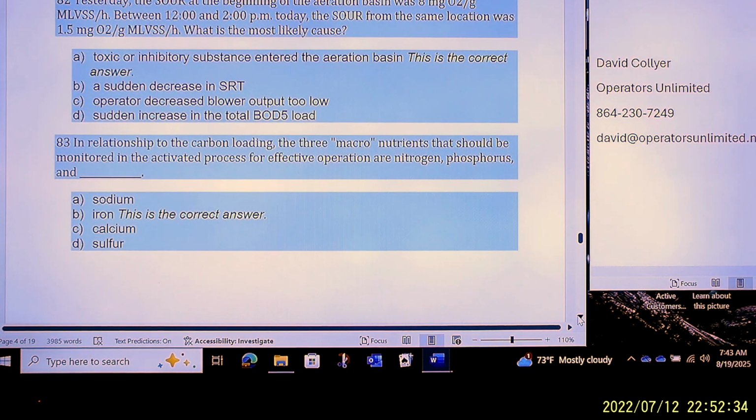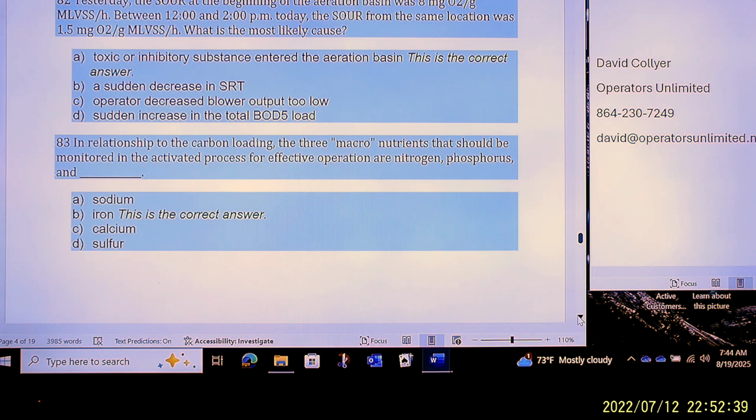82. Yesterday, the SOUR at the beginning of the aeration basin was 8 milligrams per liter. Between 12 and 2 p.m. today, the SOUR from the same location was 1.5 milligrams per liter. What is the most likely cause?